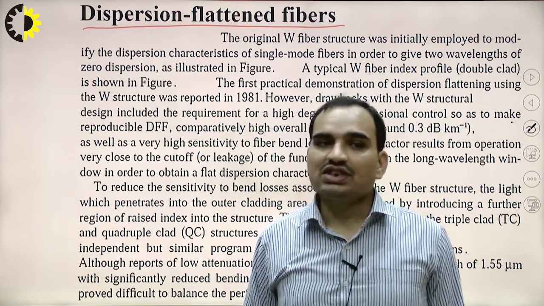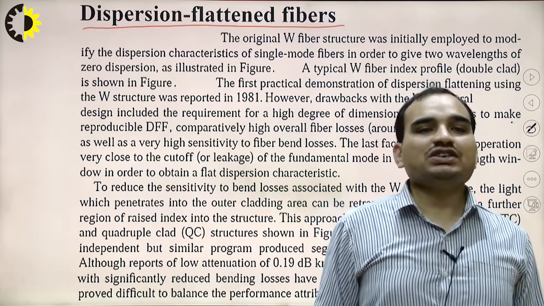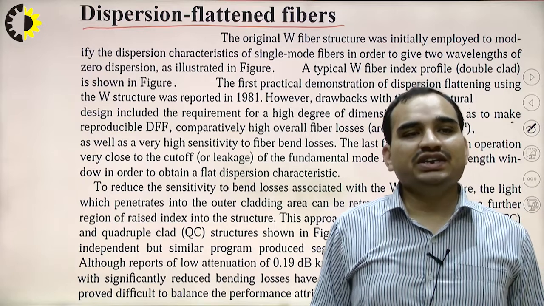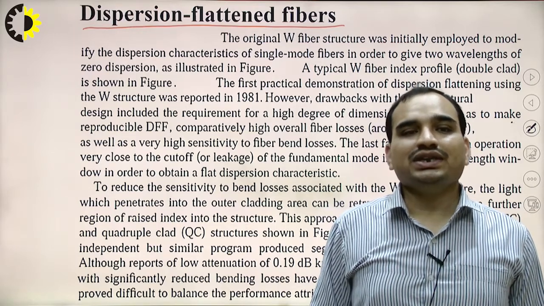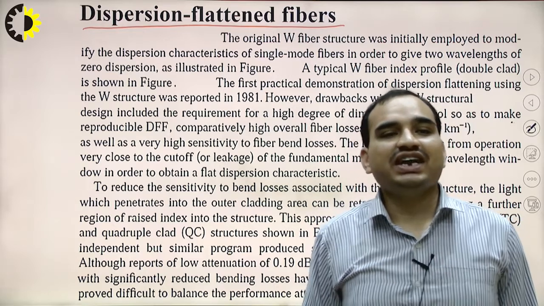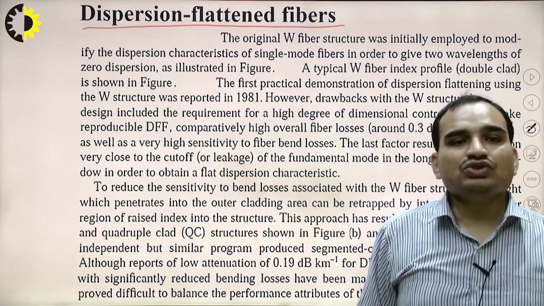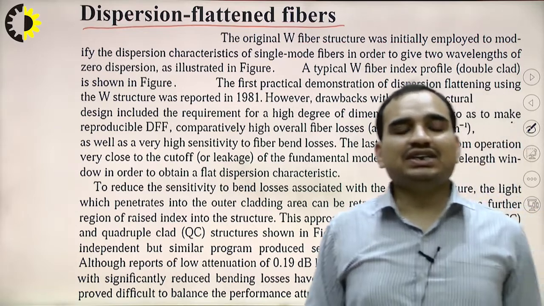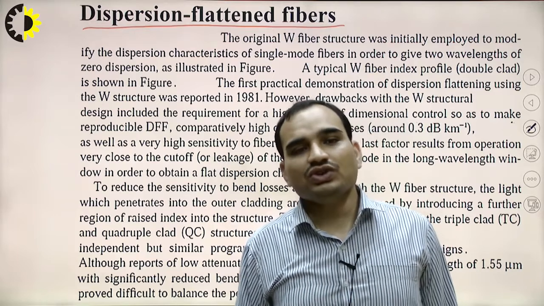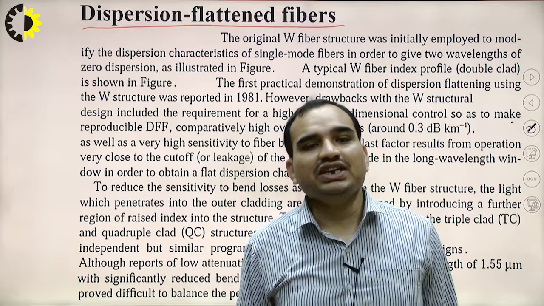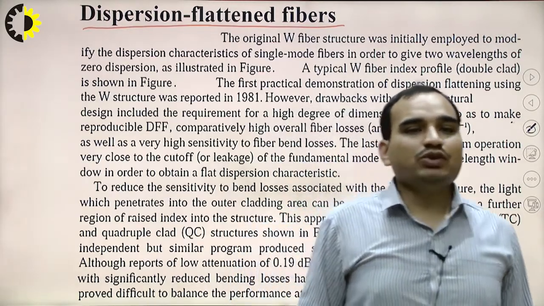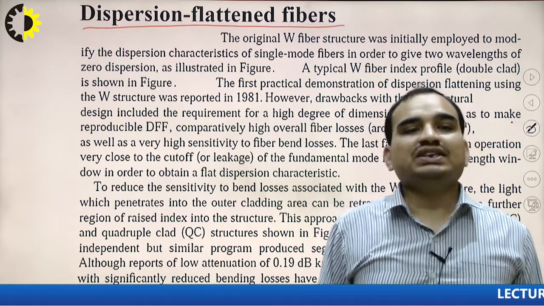dispersion characteristic. To reduce the sensitivity to bend losses associated with the W fiber structure, the light which penetrates into the outer cladding area can be retrapped by introducing a further region of raised index into the structure. This approach has resulted in a triple clad, that is TC, and quadruple clad, that is QC, structure, shown in figures B and C. Independent but similar programs produced the segmented core DFF design.